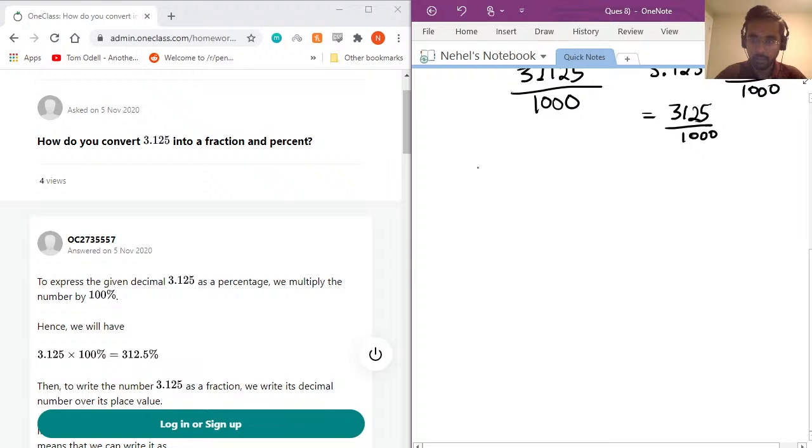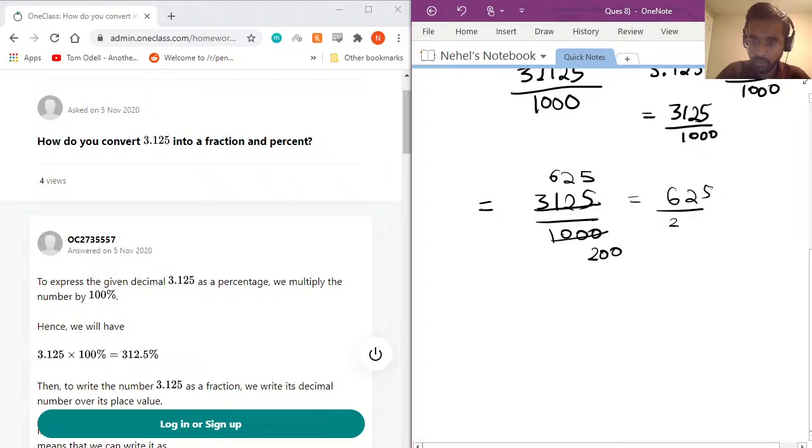Okay, so we can convert this into a simpler form by using division. So we know that if I divide this expression by 5, I can continue to divide this. So let's see. So 5 times 200 is 1000, and then 5 times 625 is 3125. So we're given 625 over 200.